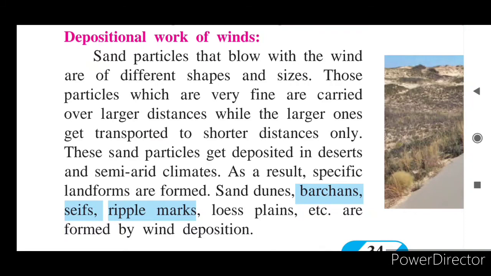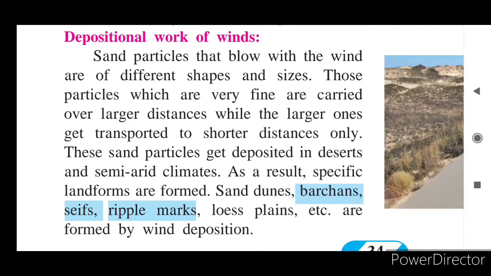So see, wind is carrying the sand particles. The sand particles which are fine means what? Small size, medium size, so they are carried over a large distance. But the sand particles which are larger cannot be carried a larger distance, but are transported a shorter distance.